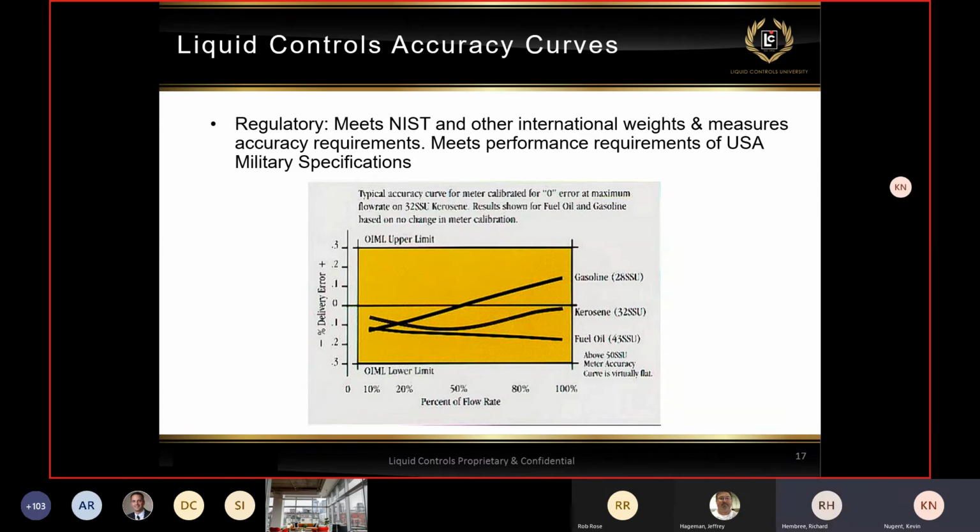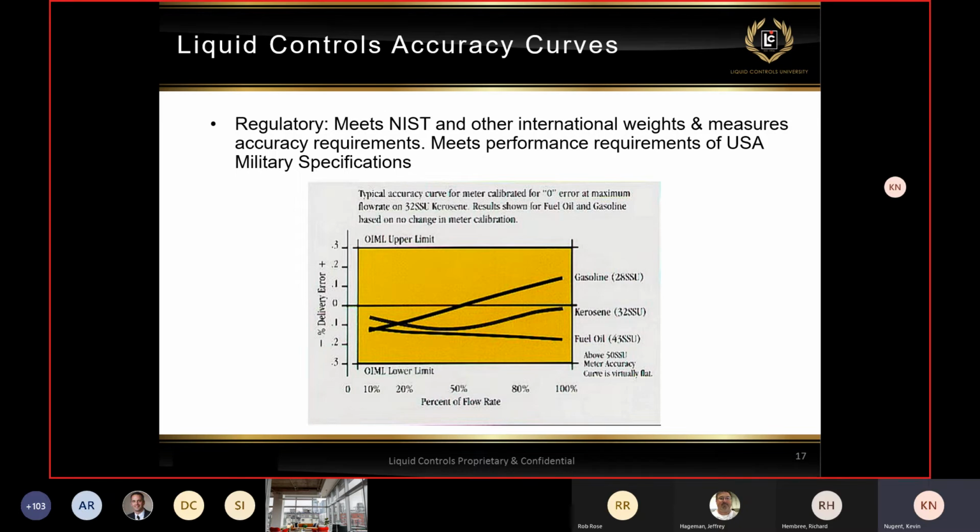Without calibration change, we then tested gasoline, which is a lighter liquid. But as you see from the accuracy curve, it held back at lower flow and gave away at the higher flow. But we are still well within the international standards of accuracy.